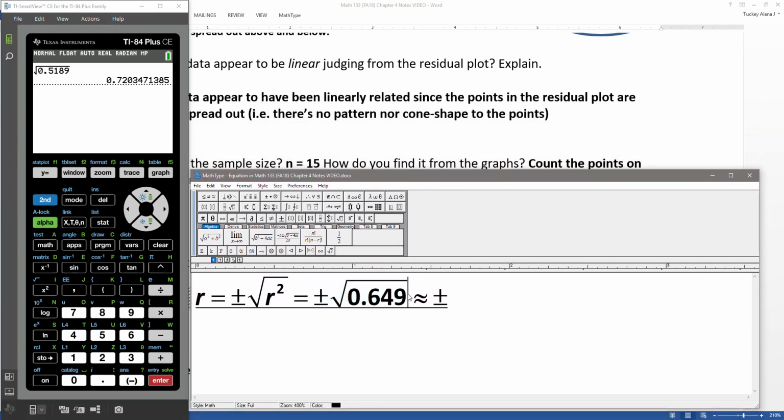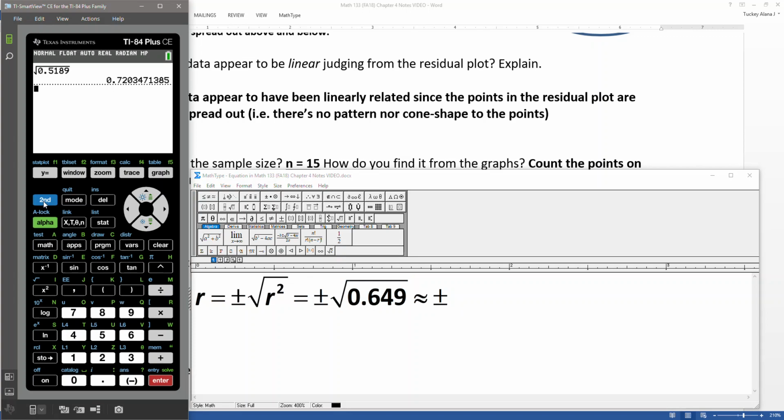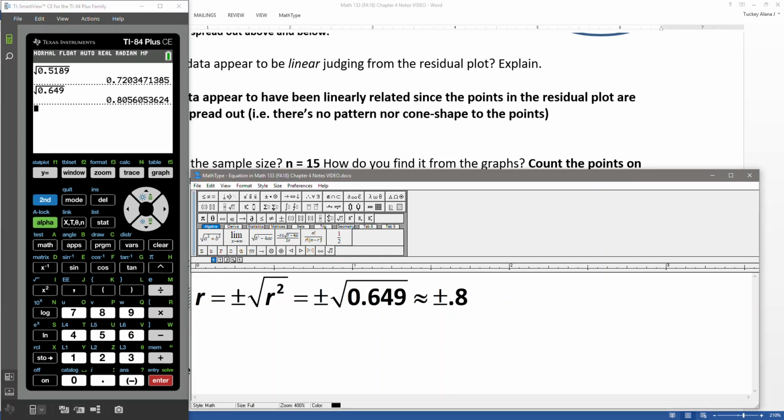Now this is a big key. Do not use 64.9. That is a big no-no. A lot of students do that and they get the answers wrong. So don't do it. You want the square root of the decimal. The square root of 0.649 would be 0.8056.